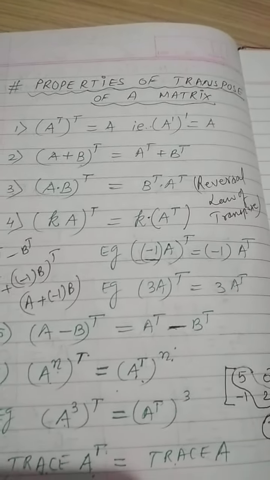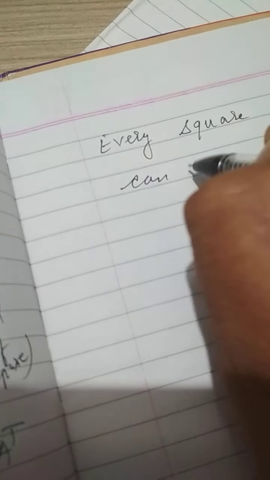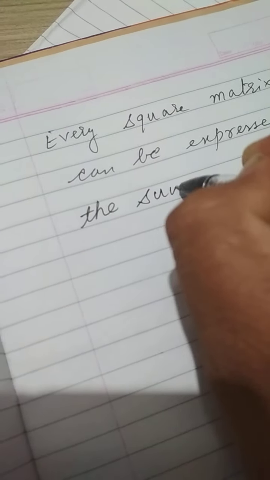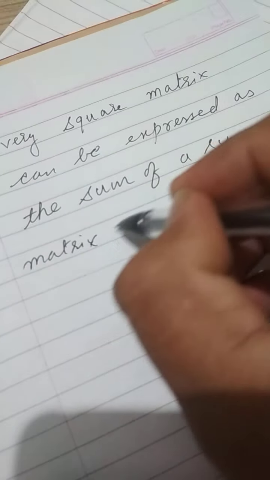Then definitely you will be noting it down, but very important for you is to understand that every square matrix, I'll write the note, every square matrix can be expressed as the sum of a symmetric matrix and a skew symmetric matrix.